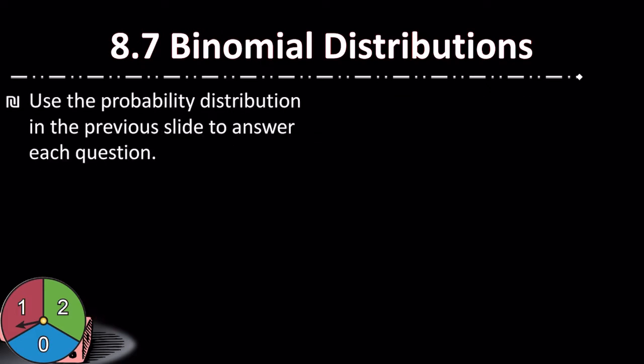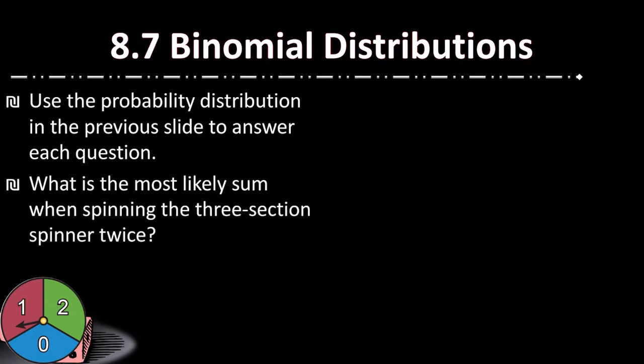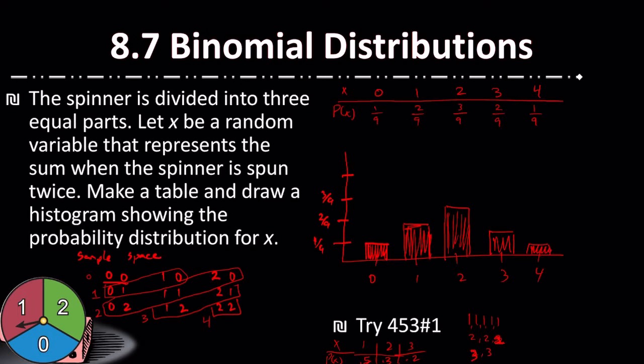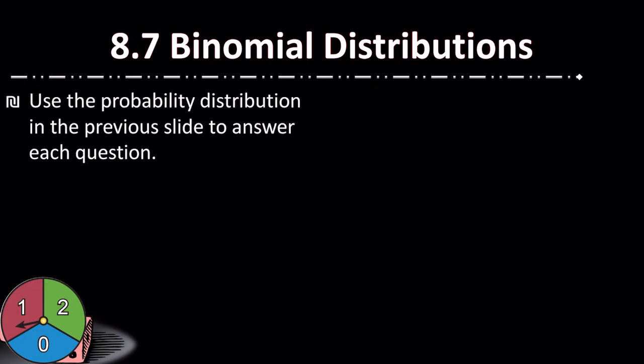All right, we're going to use the probability distribution in the previous slide to answer each question. What is the most likely sum when spinning the 3-section spinner twice? If I go back and look, the highest bar here is the 2. So that's our most likely.